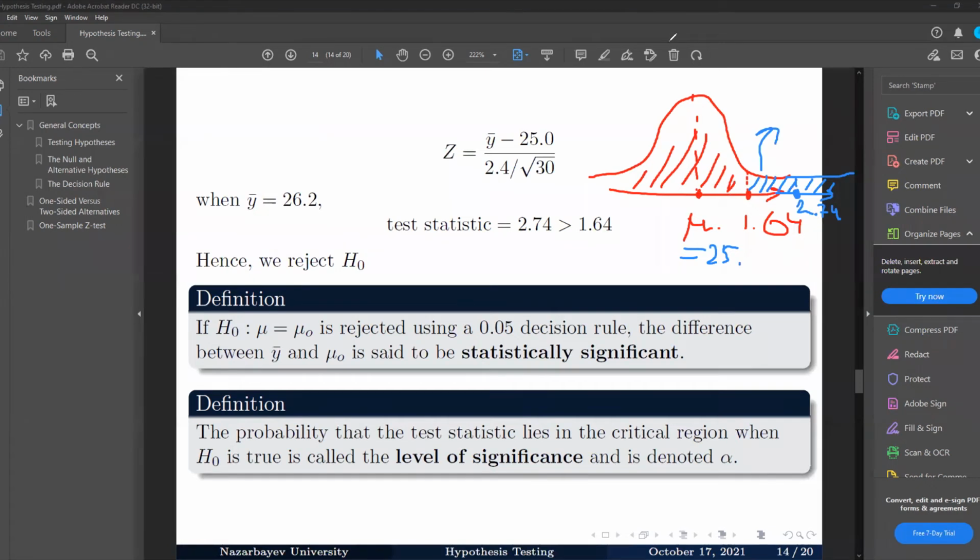Also, if we define this in terms of rejection and acceptance regions, then the region to the left of 1.64 is the acceptance region, and the region to the right of 1.64 is the rejection region.